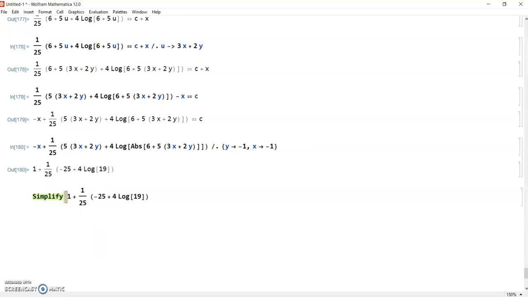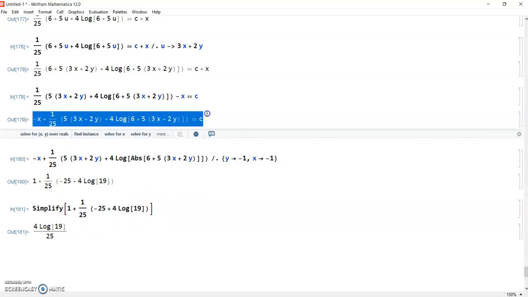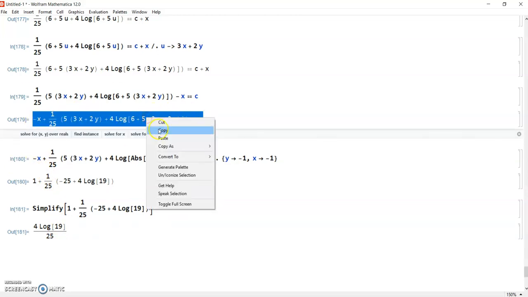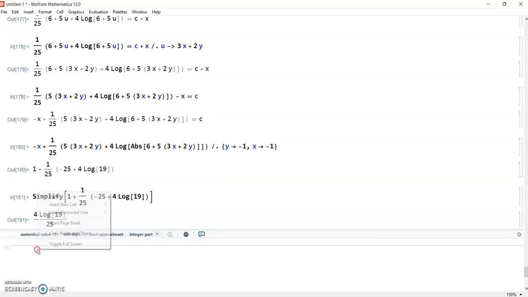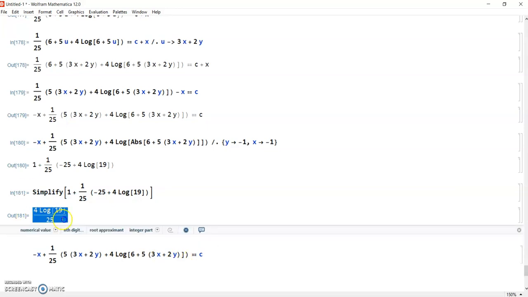So as a last step, we can simplify it. In simplification, this 1 and minus 1 will cancel out. So we get this 4 log 19 over 25. This is the value of the constant. So the final solution will be this, so replace c with this value.